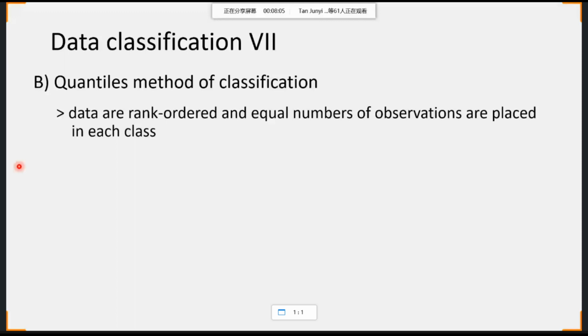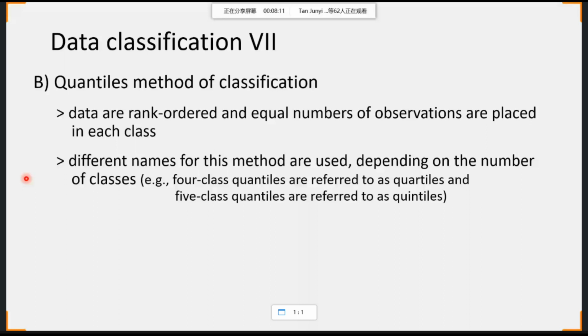Different names for these methods are used depending on the number of classes. So 4-class quantiles are referred to as quartiles, and 5-class quantiles are referred to as quintiles. That's what we have here because we need 5 classes. So our quantiles are quintiles.